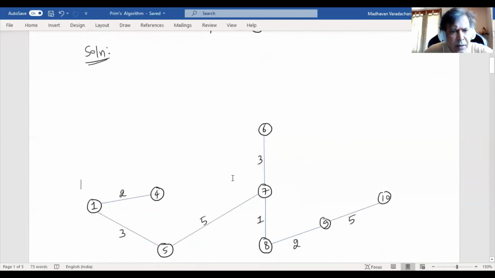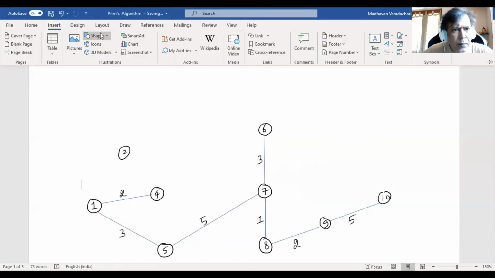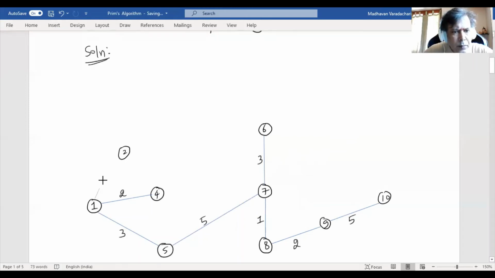Let me draw 2 there and join this 1 and 2. 1 to 2, the distance is 4.